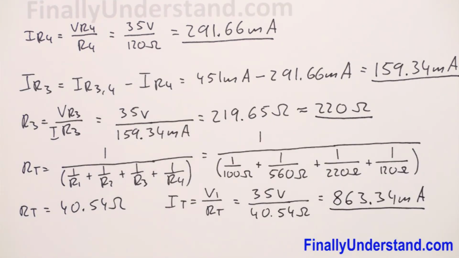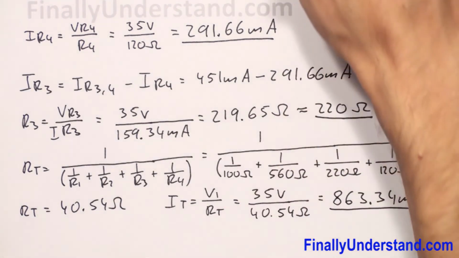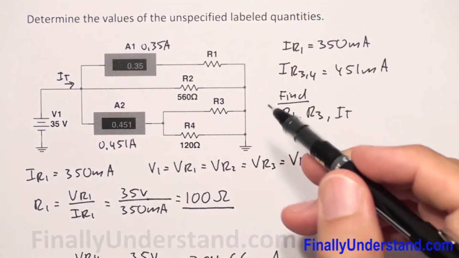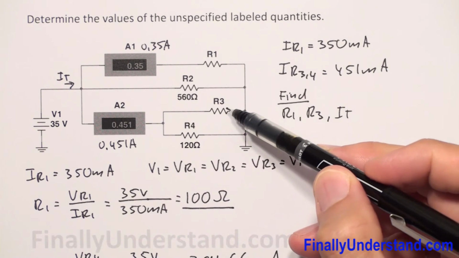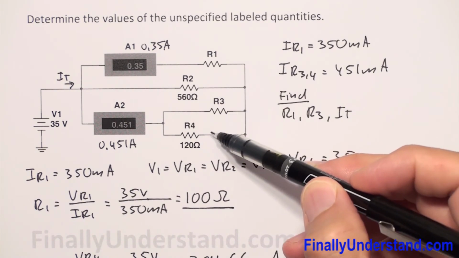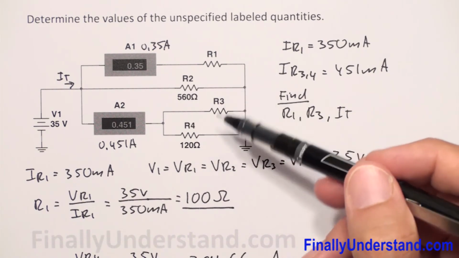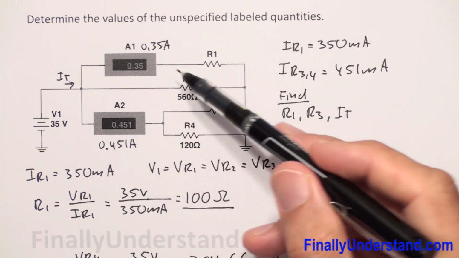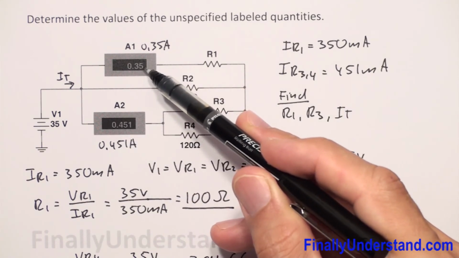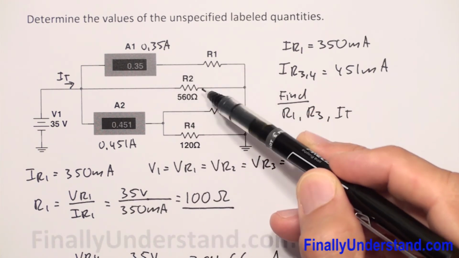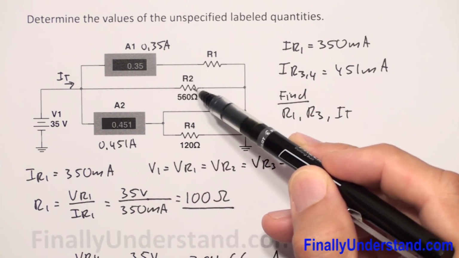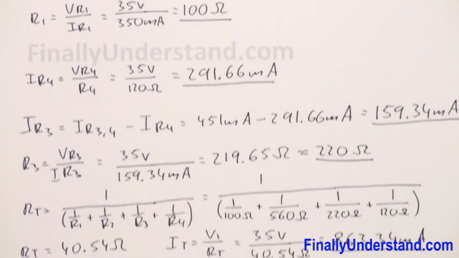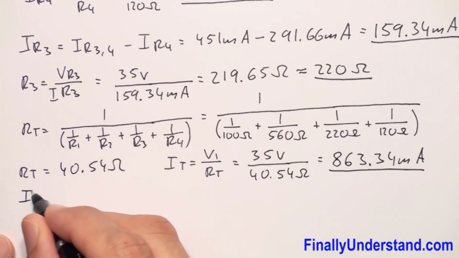Now let me find the total current in a slightly different way. So far we've found the current which goes through resistors R3 and R4, but basically we can use just this current, and we have the current which goes through resistor R1. So we need to find only this current in order to verify our answer. I'm going to find just IR2.